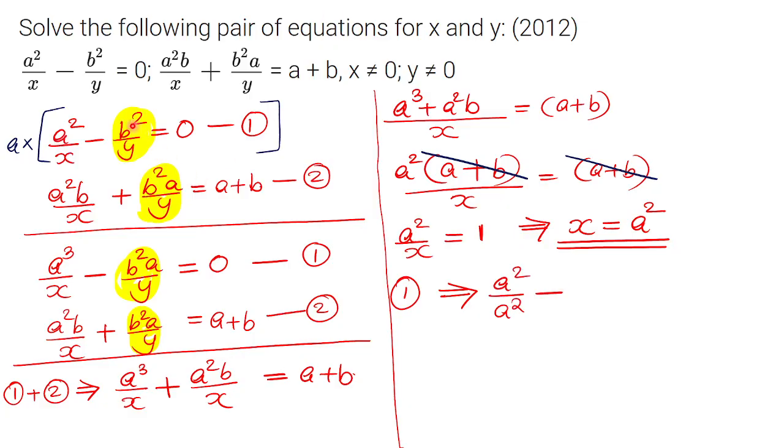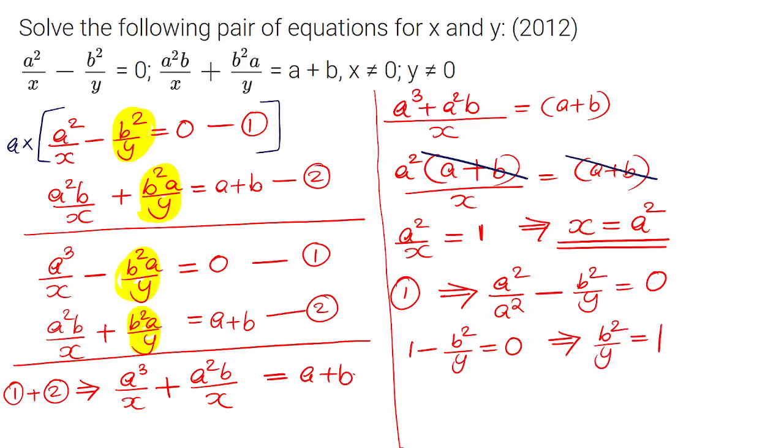Minus b square by y is equal to 0. A square by a square is 1. So 1 minus b square by y equal to 0. This minus b square by y taken to the right hand side becomes plus b square by y on the other side.